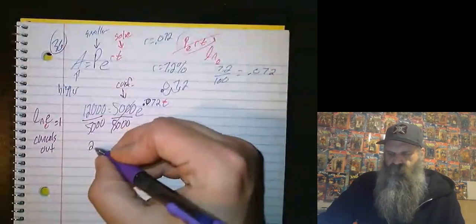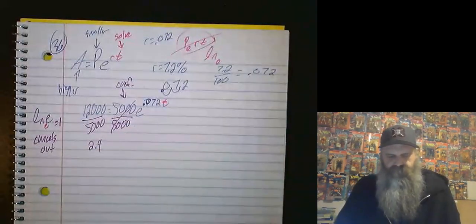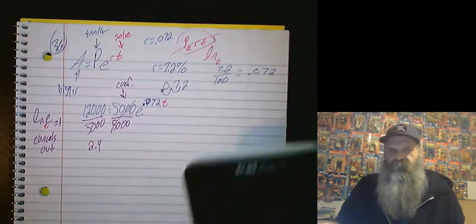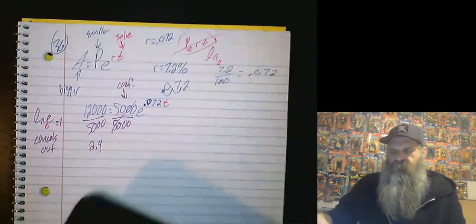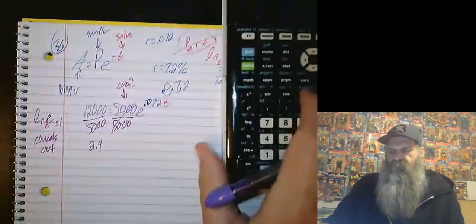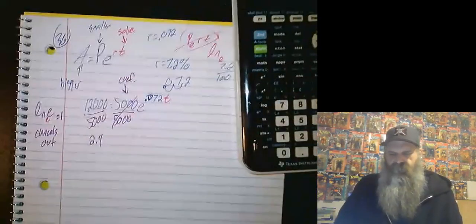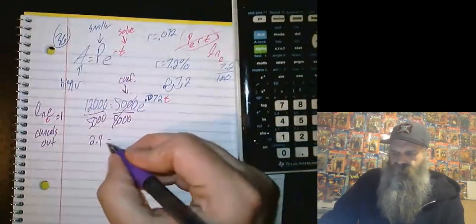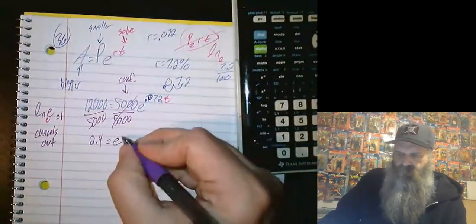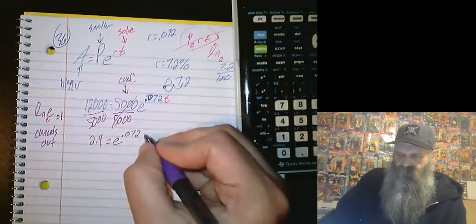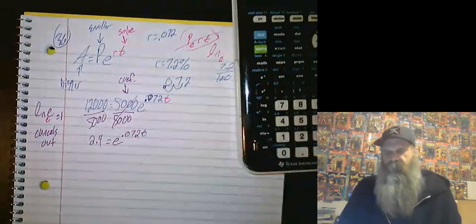That's pretty good. 2.4. We'll need to use the calculator on this one. So now we have 2.4 equals E to the power of 0.072 t.